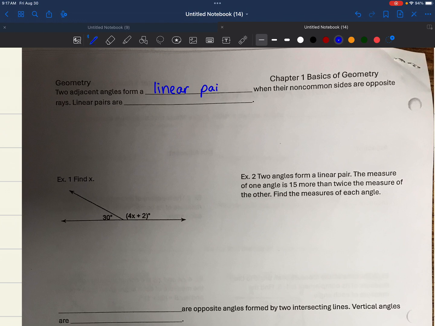All right. Two adjacent angles form a linear pair when their non-common sides are opposite rays. Linear pairs are supplementary.